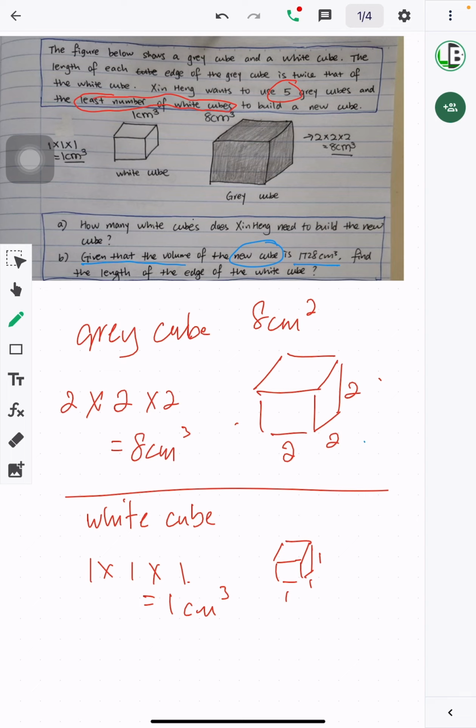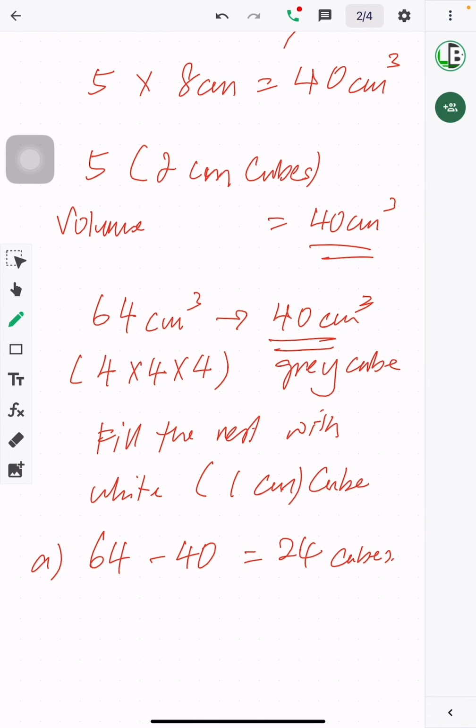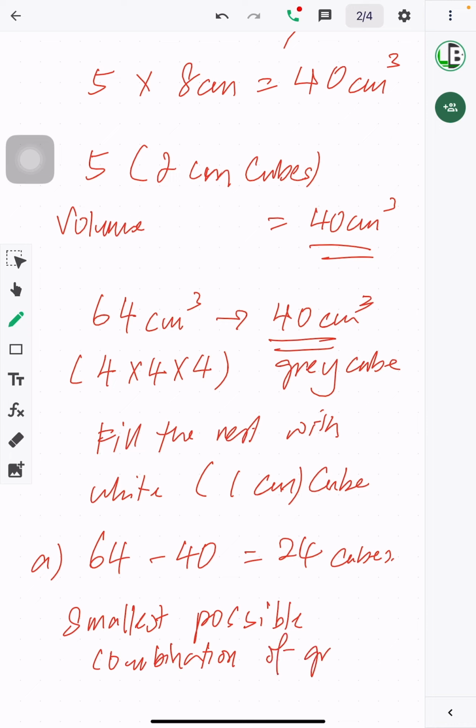Okay, so that means what you are forming here in part A is actually the smallest possible combination of gray and white.